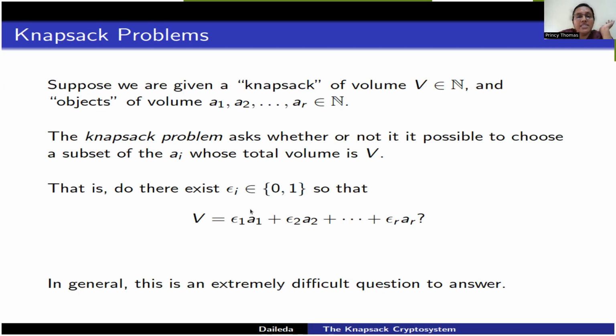Now the question is, if we calculate epsilon 1 A1 plus epsilon 2 A2 plus etc. epsilon R AR, can we get V? Solving this problem, which values of epsilon will be equal to the volume of the knapsack? This is the knapsack problem, and this is an extremely difficult question to answer.